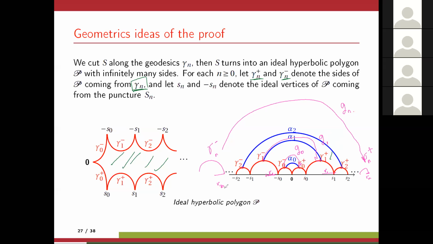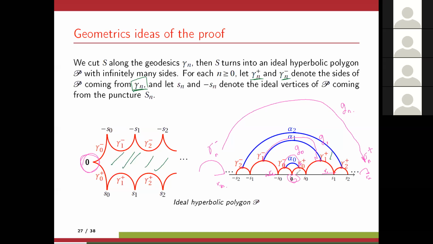Now we're talking about the vertices of the polygon. The vertices come from the punctures of the type flute surface. The puncture can be put over the 0 of the real axis, both are the same.